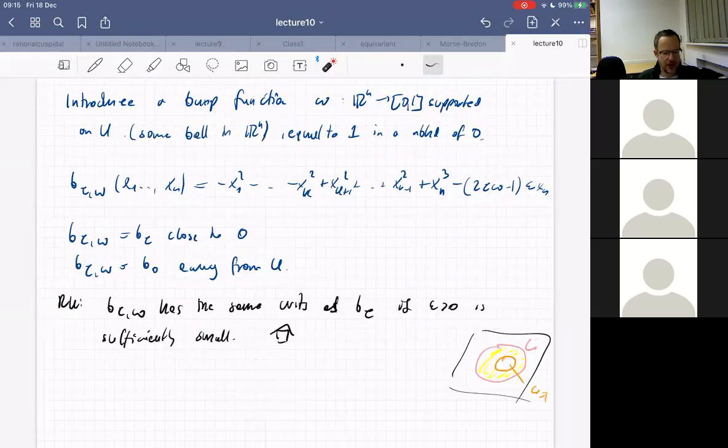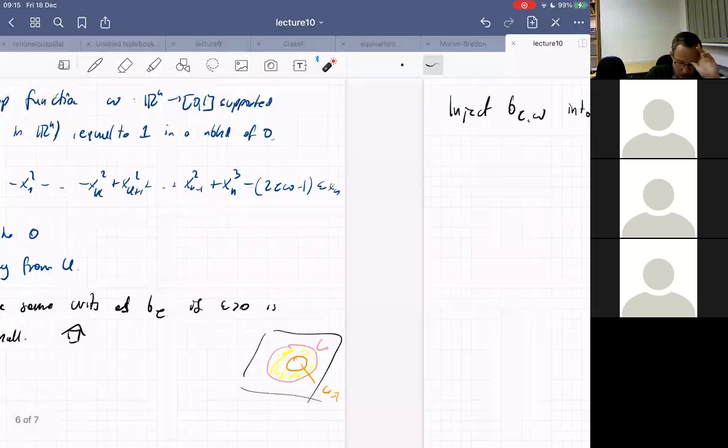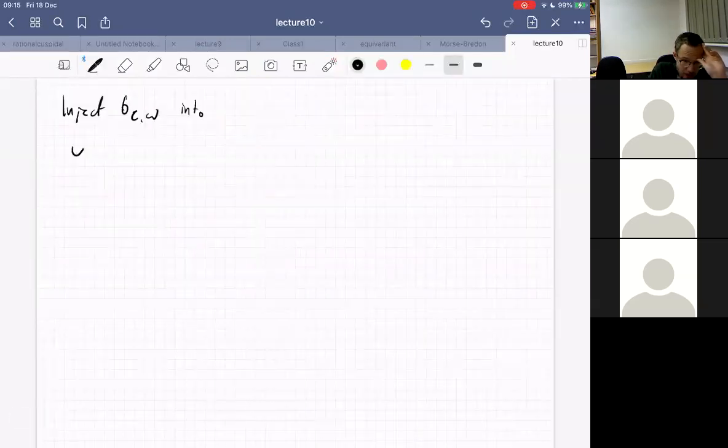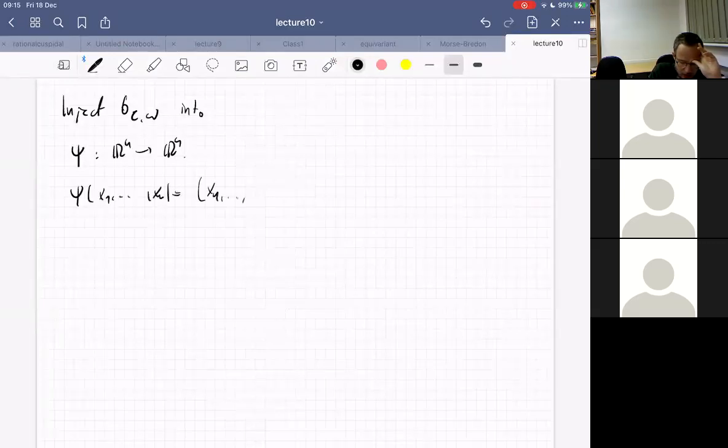So what I do is I want to use first the implicit function theorem. I first define a diffeomorphism psi from Rn to Rn, which is given by psi of x1, ..., xn equal to x1, ..., xn-1, b0 of x1, ..., xn. So this is a diffeomorphism.